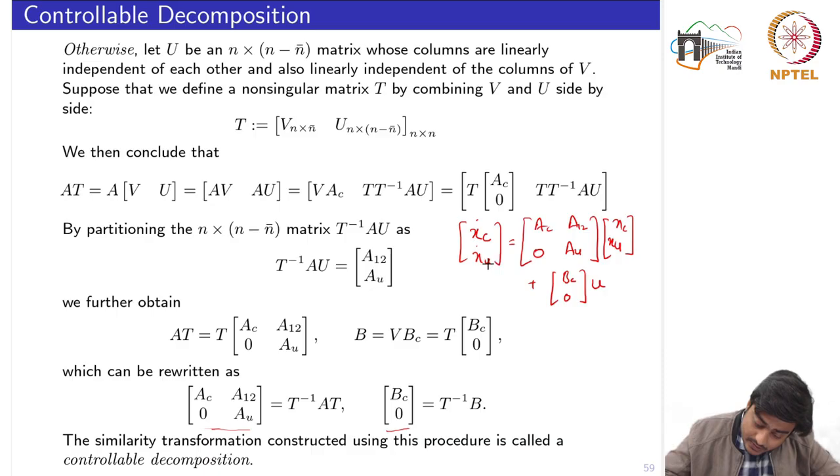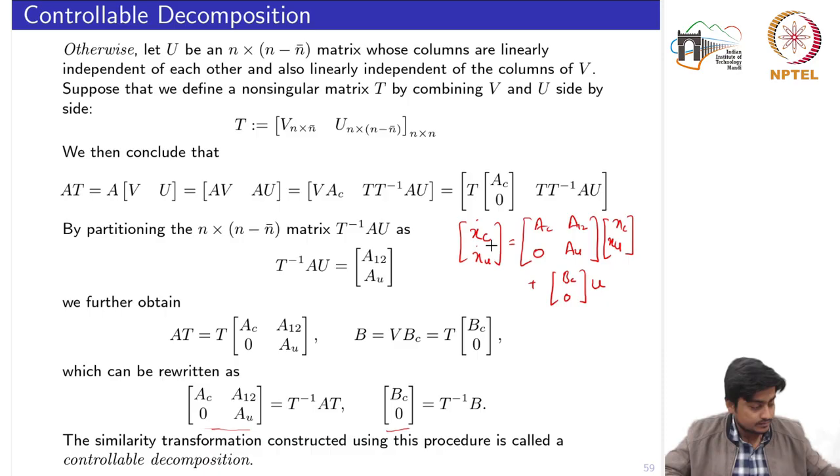Why? Because you see that this XU state is not at all influenced by U, and it does not have any dependence on XC, on which U has an influence. So basically we are trying to go towards the path where I can extract the controllable part from the given AB pair.